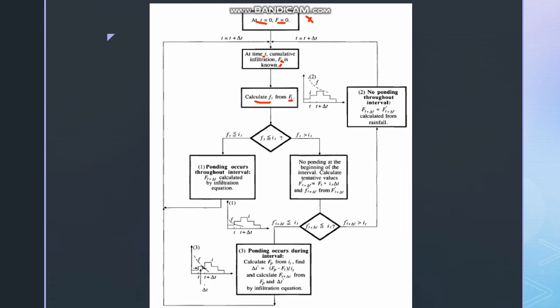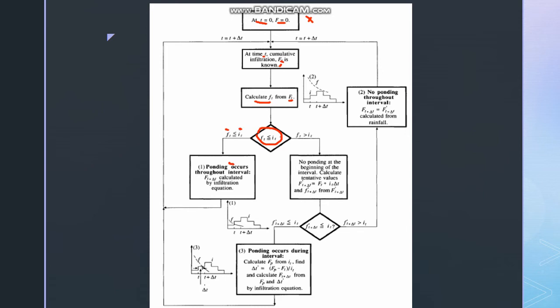And then we go through checking if the infiltration rate is smaller or higher than the precipitation rate, the intensity of the rainfall. If the infiltration rate is smaller than intensity, ponding occurs.